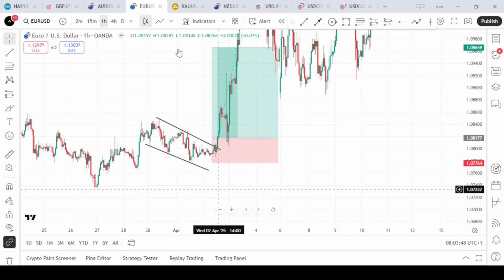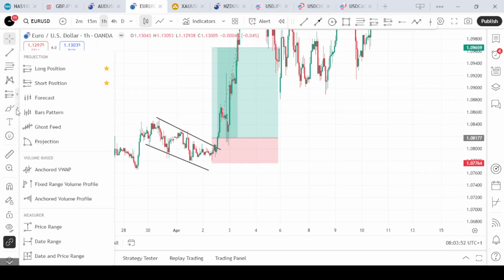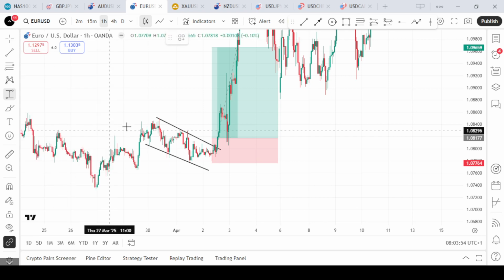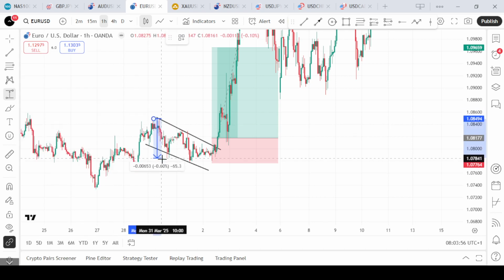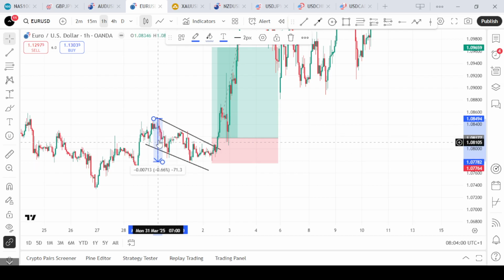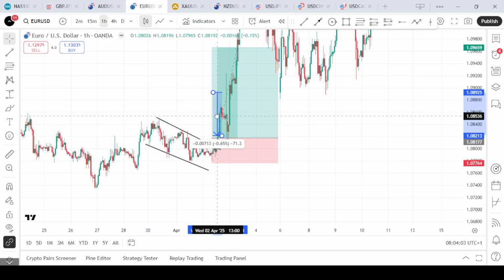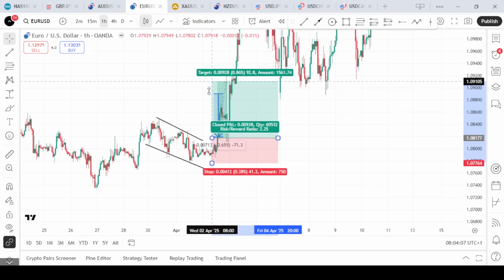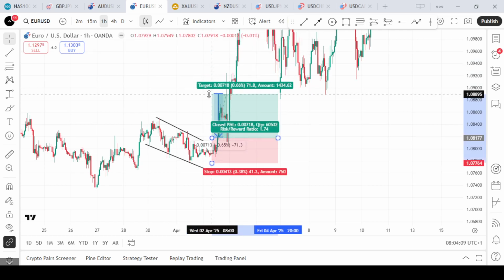Then you aim for the height of your pattern. That can be your take profit region. The take profit region is the height of the pattern, or you can still go for a fixed risk to reward of 1:2 or 1:3, as the case may be.